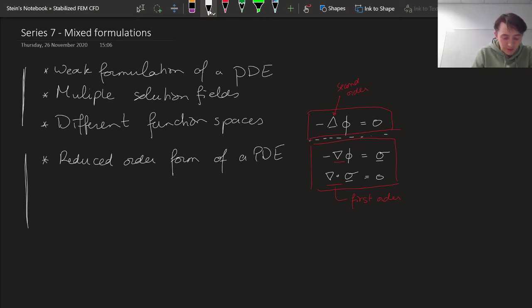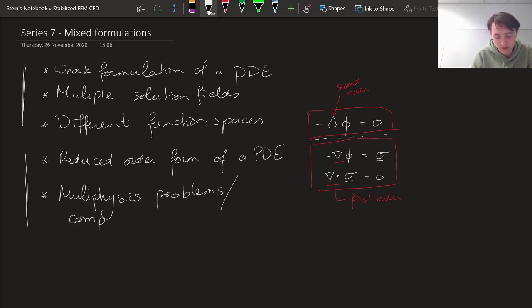Another example is if we have multiphysics problems, or in general complex physics problems.